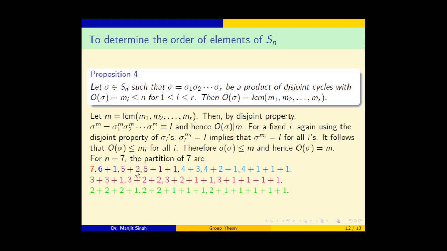So if its length is 7, the order of sigma is 7. If the length is 6, its order is 6. If it is a combination of two cycles 5 and 2, the order will be 10, and here the order will be 12. So the partition of n plays an important role in determining the order of a permutation.